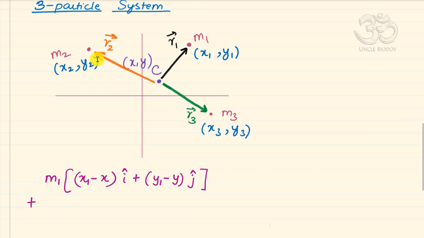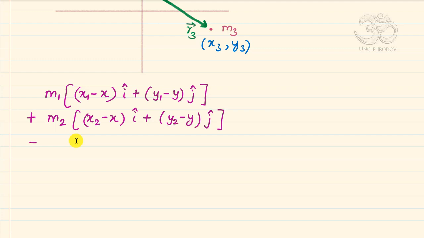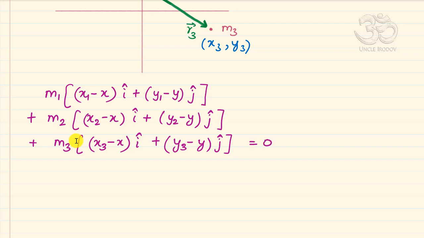So the final location minus the initial location will give me (x2 minus x) i cap and (y2 minus y) j cap. So you're going to have M2 times (x2 minus x) i cap plus (y2 minus y) j cap, plus the third term M3 times (x3 minus x) i cap plus (y3 minus y) j cap, and all that should be equal to 0.